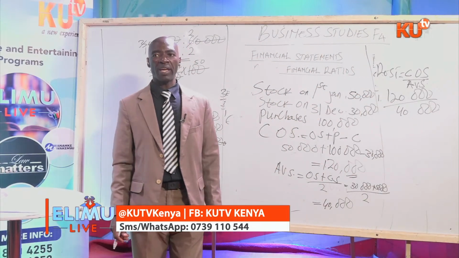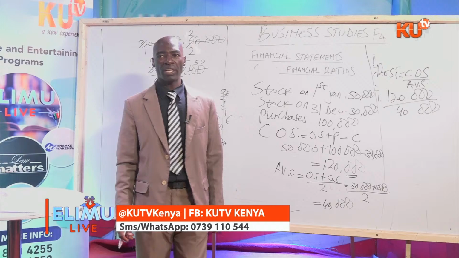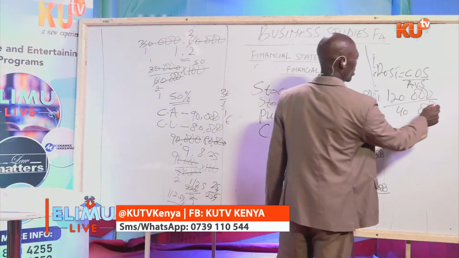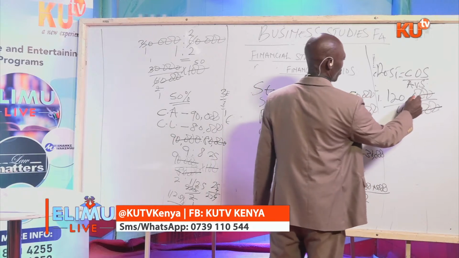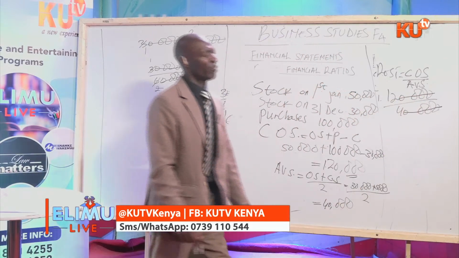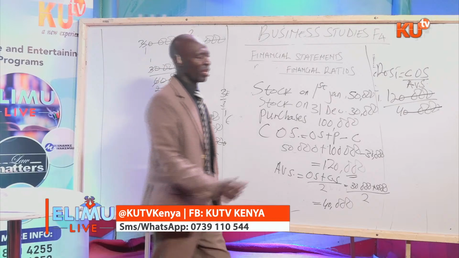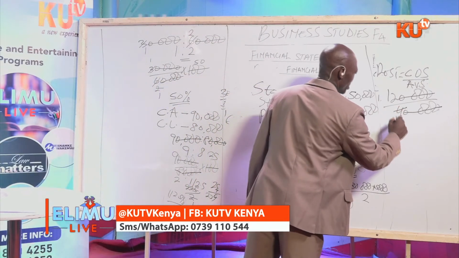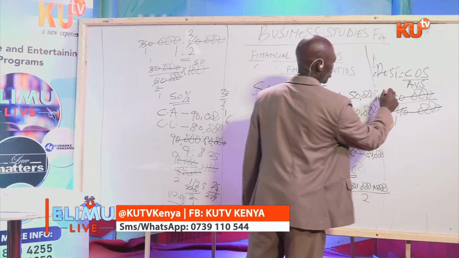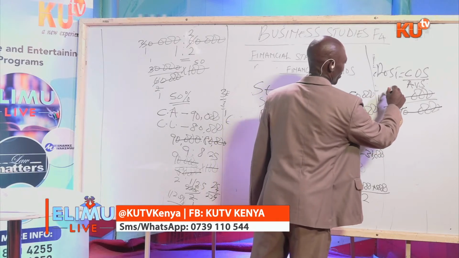120,000 divided by 40,000. What do you get there? So you cancel the zeros. You are left with 12 over 4. 4 cancels 12, 3.